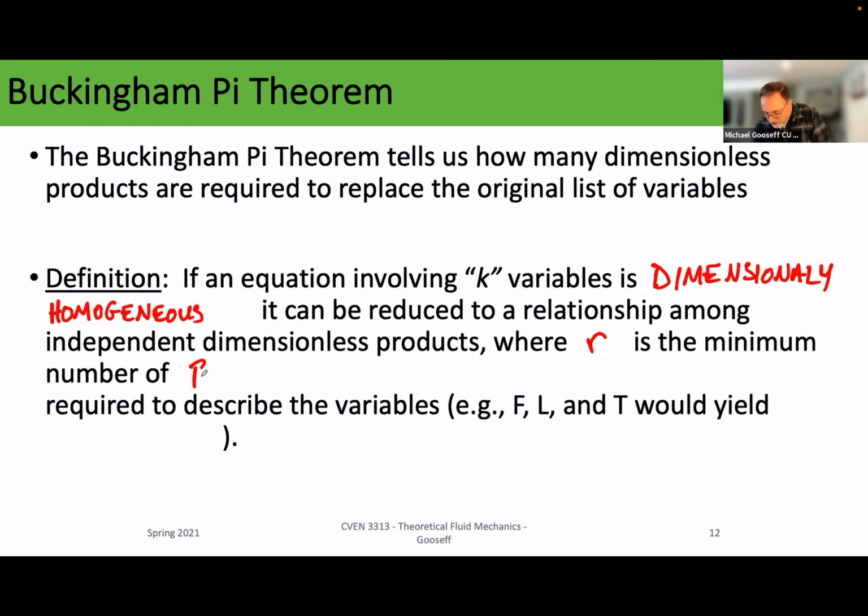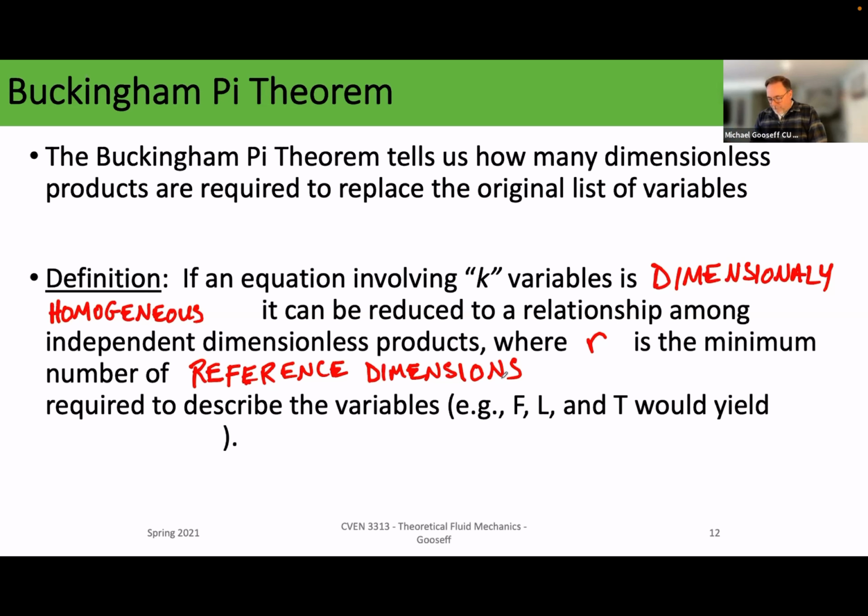reference dimensions. So now K was the number of variables. R is the number of reference dimensions required to describe the variable. Remember, dimensions are F, L, T, etc., or MLT.